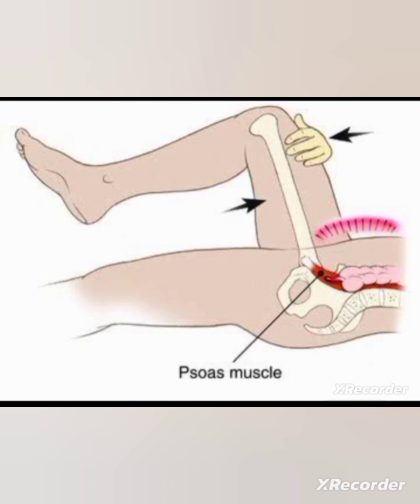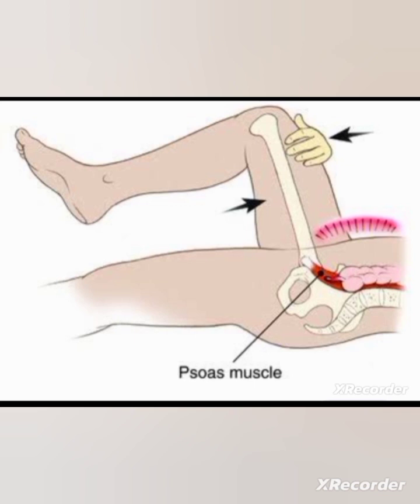Ask the patient to lift the right leg against the resistance of the hand. When the patient tries to lift the right thigh or leg, it causes pain due to the friction of the psoas muscle over the inflamed appendix.